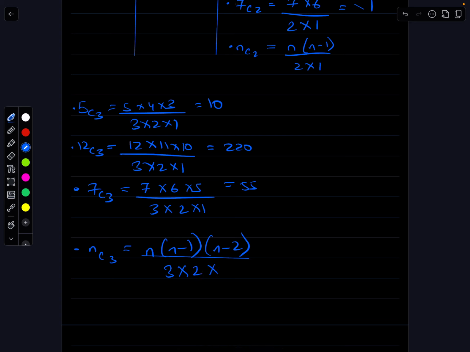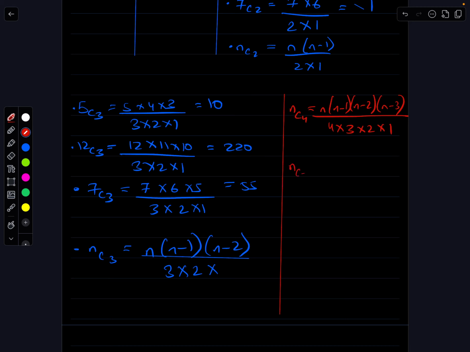And similarly, we can derive a few more expansions. Like nC4 would be n, n minus 1, n minus 2, n minus 3. Now we have 4 numbers in the numerator, and we need 4 numbers in the denominator.